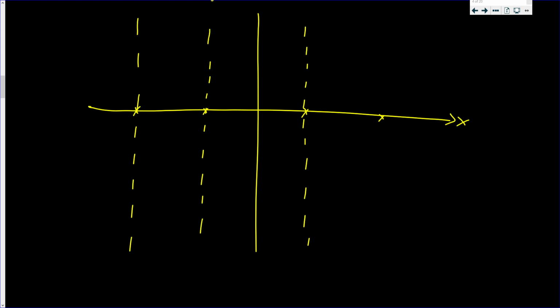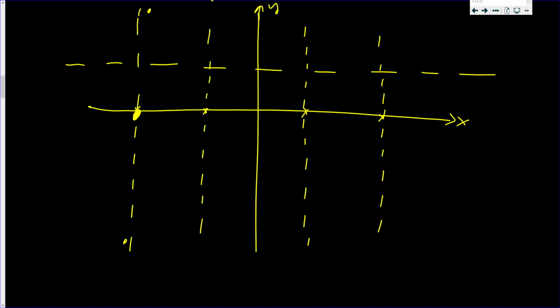And you have another one here. And if we need any more, we'll get to that. And you have a horizontal asymptote. Now, to the left of this x value, you can be negative. And to the right, you can be positive.